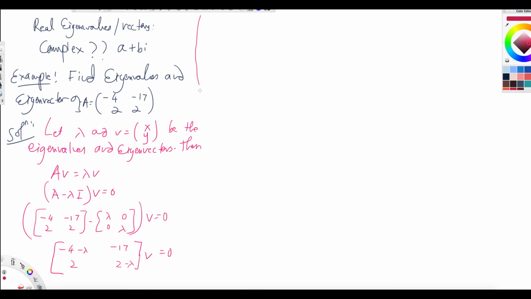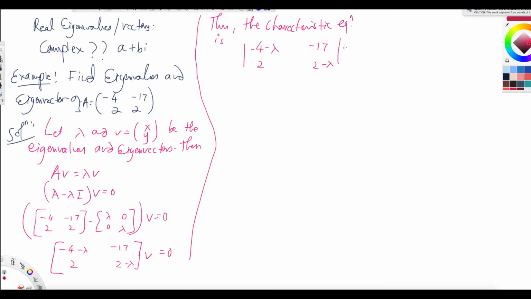So let us find out the characteristic equation. Thus the characteristic equation is the determinant of that, right? (-4 minus lambda)(2 minus lambda) minus (-17)(2) equals 0.